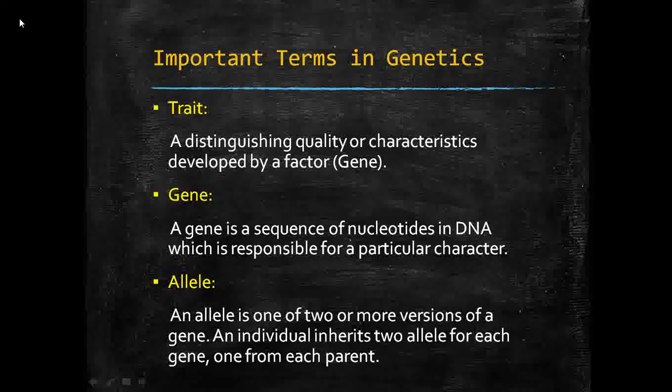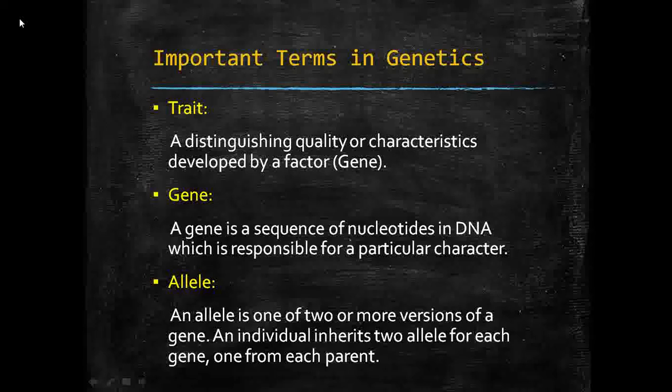The first term is trait. Trait is a distinguishing quality or characteristic developed by a factor. It is an inherited character and its detectable variant, for example tallness or dwarfness.